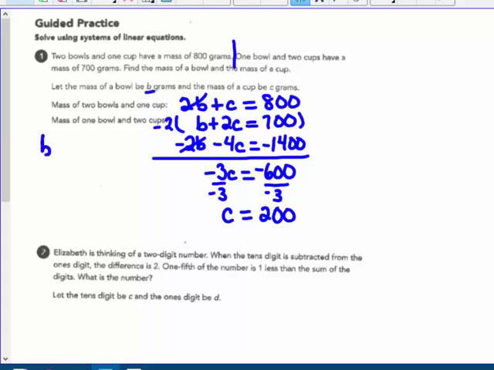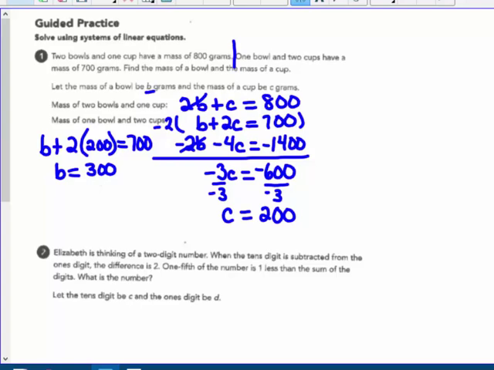Well, a bowl plus 2 cups, 2 times that 200, equals 700. So I'm substituting in, that's 400. So a bowl must weigh 300, right? I can figure it out by subtracting 400. I can do that in my head, that's pretty easy. So yes, a bowl must weigh 300 grams and a cup must weigh 200 grams.